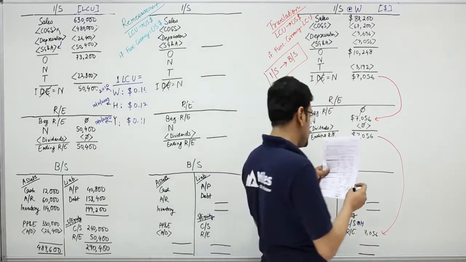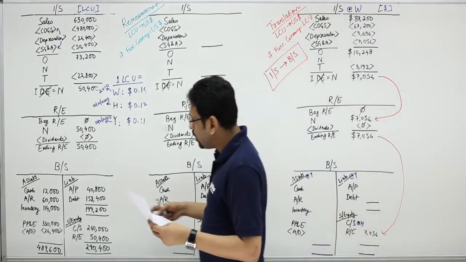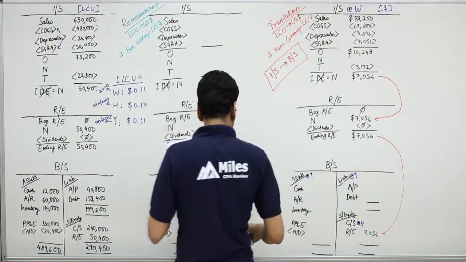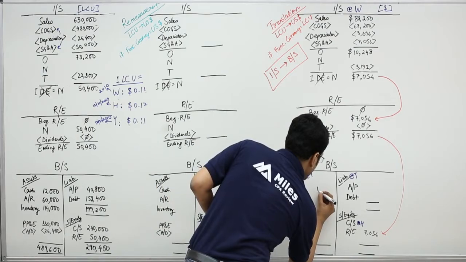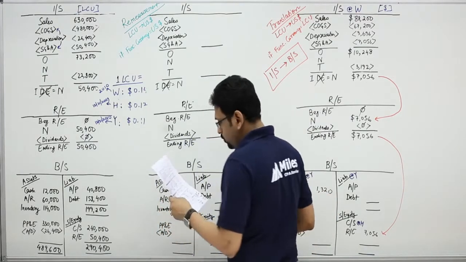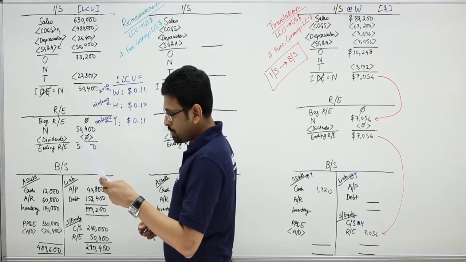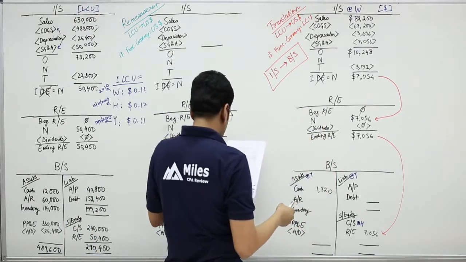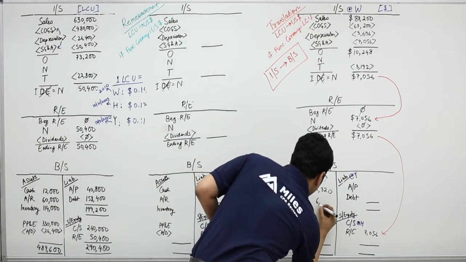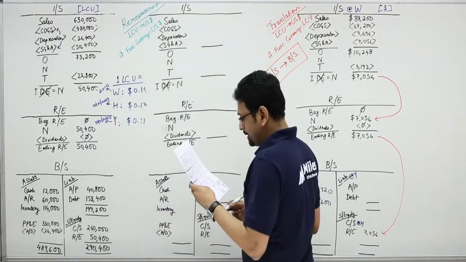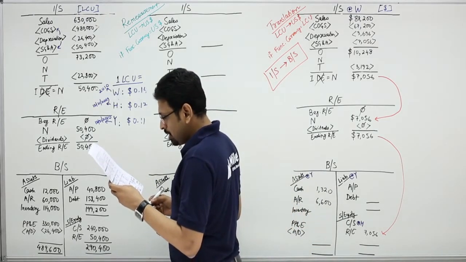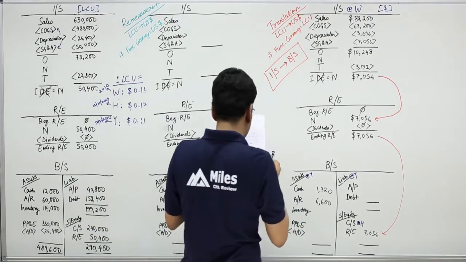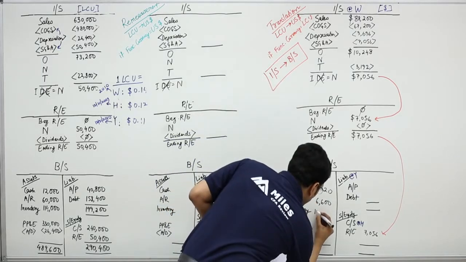Now putting in the numbers in place. So cash is how much? 12,000 local currency unit multiplied by 11 cents gives me 1,320. Accounts receivable, that's 60,000 local currency unit multiplied by 11 cents gives me 6,600. Inventory, that's 114,000 local currency unit multiplied by 11 cents gives me 12,540.